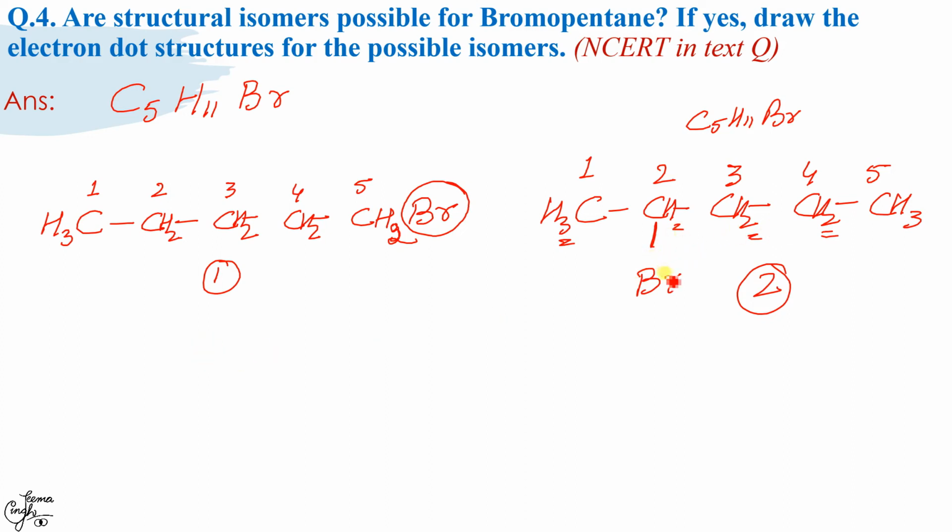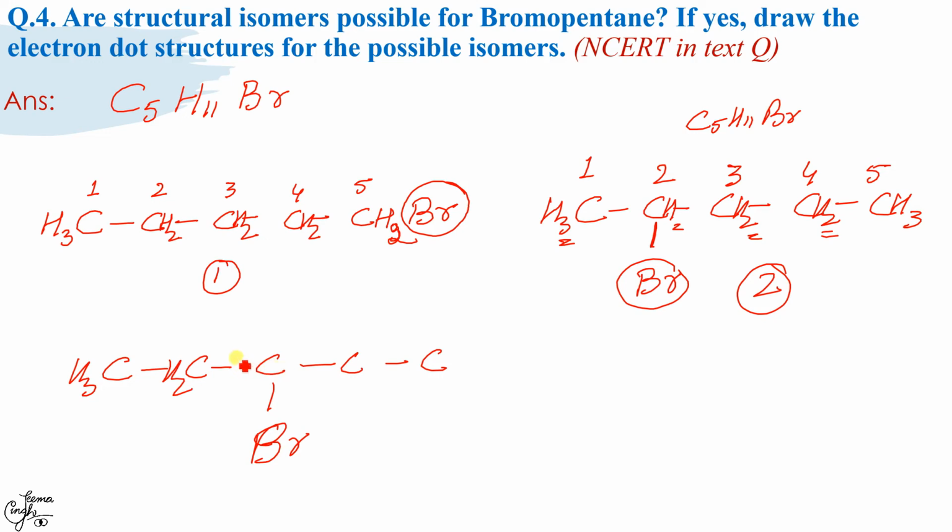Now let's move this bromine to third carbon atom. So 1, 2, 3, 4, sorry, this is Br, 4 and 5. Again CH3, CH2, CH, CH2 and CH3. Now bromine is attached to the third carbon atom. So all these three structures are different. So we have 3. Look for any of the possibilities.